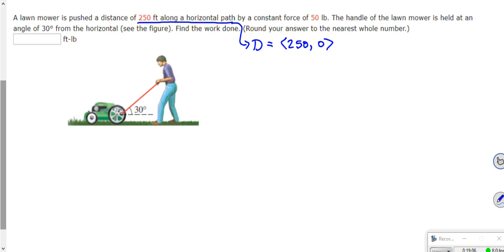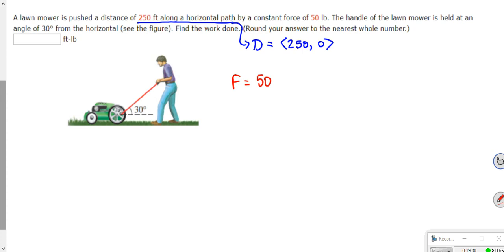Okay, so the force we're talking about, let me use a different color. So our force, we've got 50 pounds. Again, it's 50 pounds of force, but we're at an angle. So we've got to find the I and J components of that. It's not just an even 50.